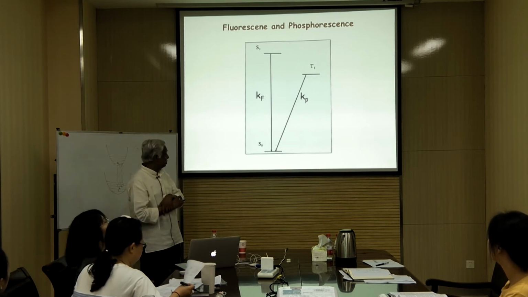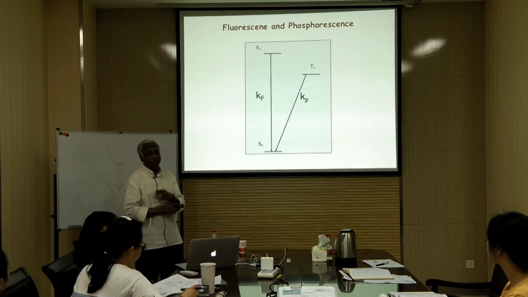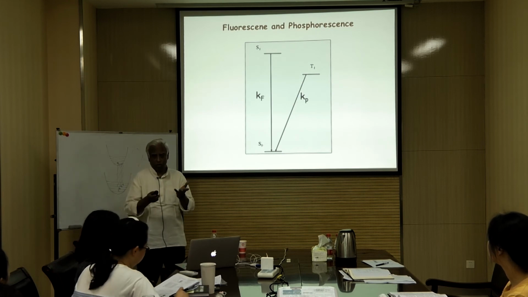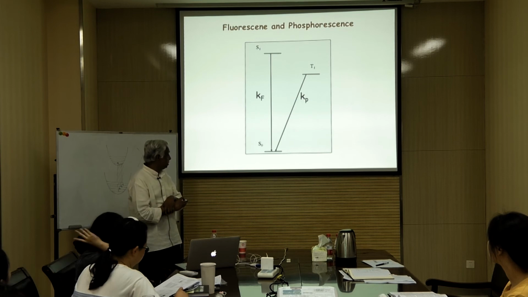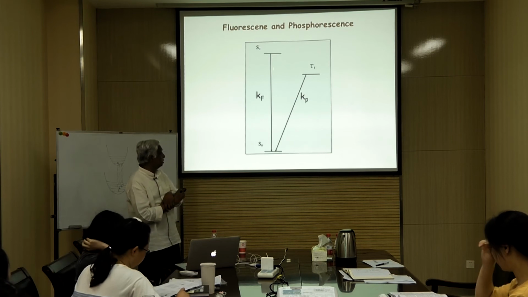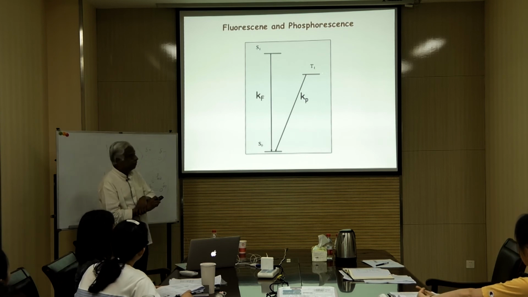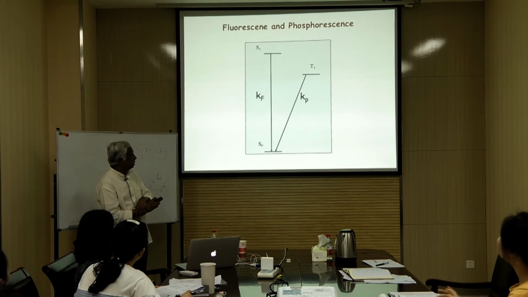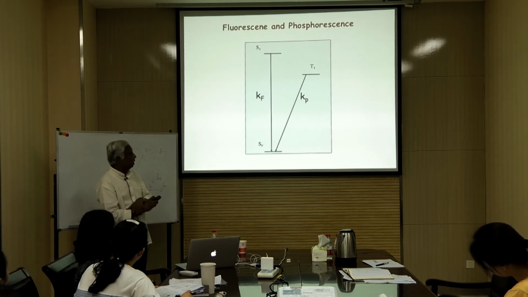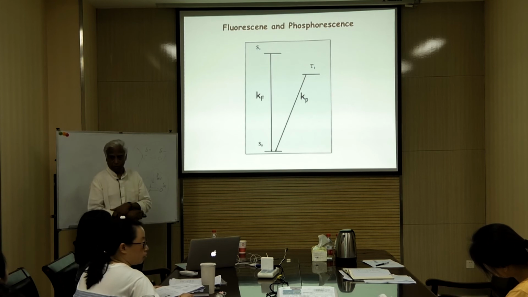If the two spins are the same, you can populate the molecule. That is possible only for singlet. This spin and that spin are the same, whereas here this spin and that spin are not the same. So putting a molecule here by direct excitation is not easy. So when you put the molecule up here, it can cross over to this, and if it does cross to the triplet, then you can see emission from the triplet state.